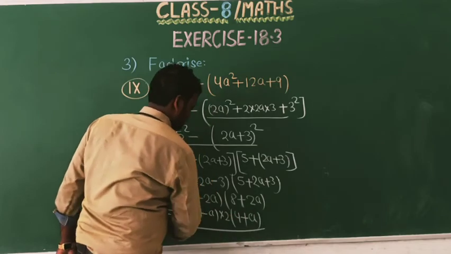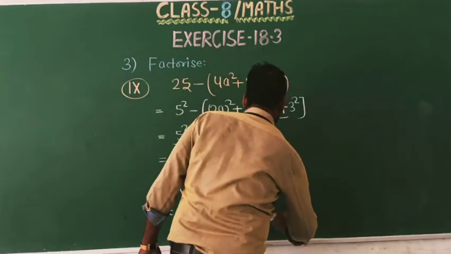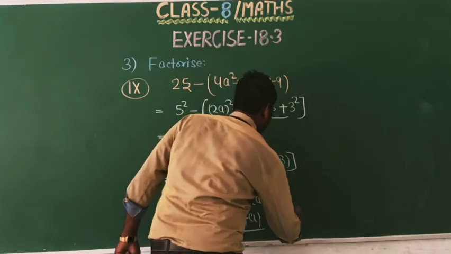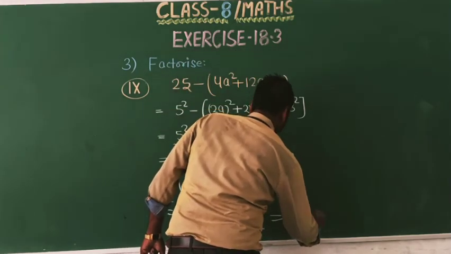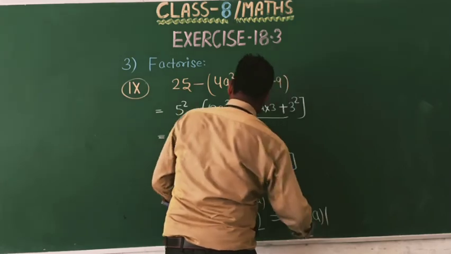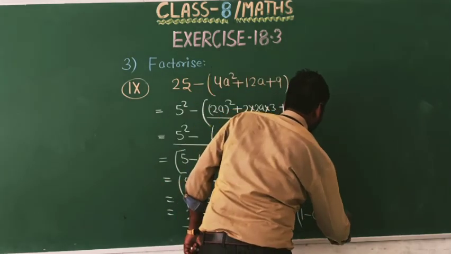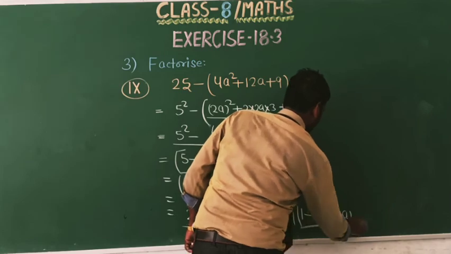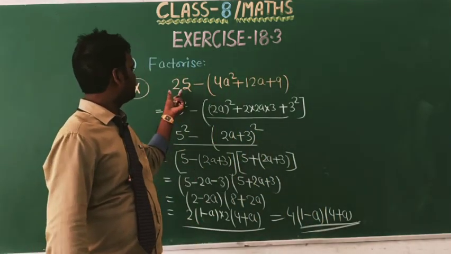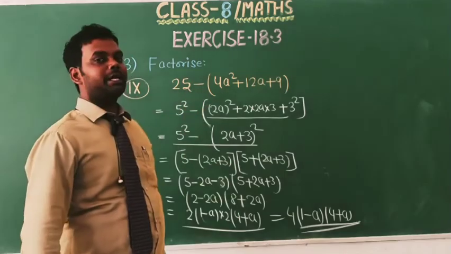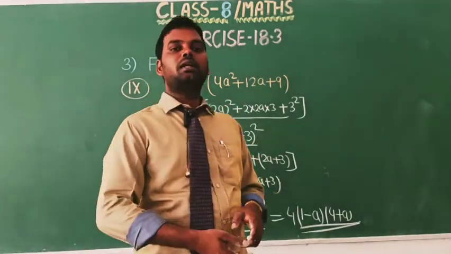Okay, now simplify this, so we finally get 2 times 2 times (1 minus a) and (4 plus a), that is 4 (1 minus a)(4 plus a). Okay, so dear children, this is the solution of 25 minus (4a square plus 12a plus 9).